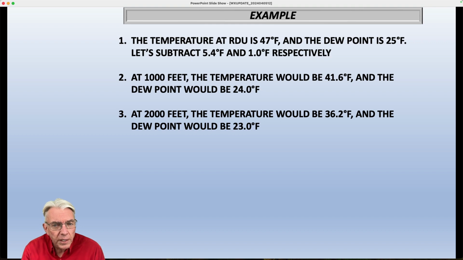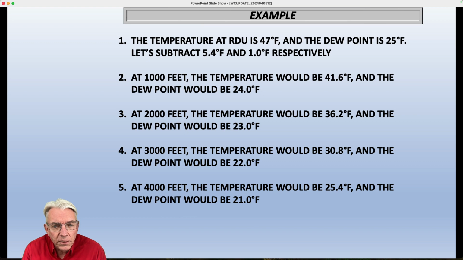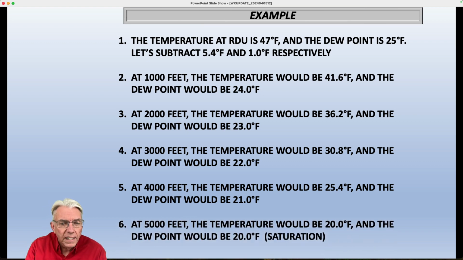At 2,000 feet, the temperature would be 36.2 and the dew point would be 23. At 3,000 feet, 30.8 and 22. At 4,000 feet, the temperature would be 25.4 and the dew point would be 21. And finally, at 5,000 feet, the temperature would be 20 and the dew point would be 20, and the air becomes saturated and the clouds begin to form.